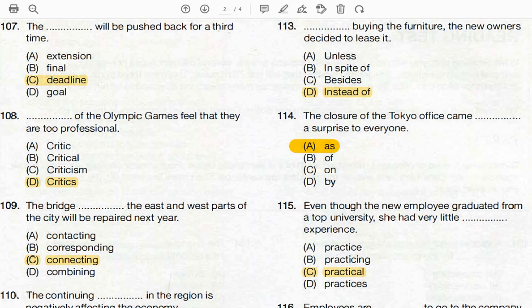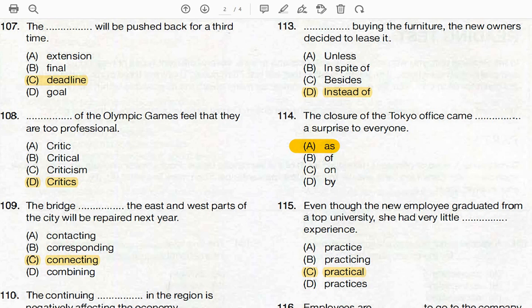B option, in spite of, meaning despite, doesn't make sense as this would mean the owners had both bought and leased the furniture. And C option, besides, meaning in addition to, doesn't make sense as this would mean the owners had both bought and leased the furniture.